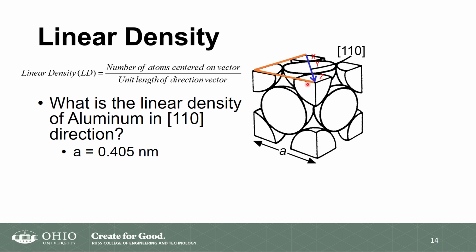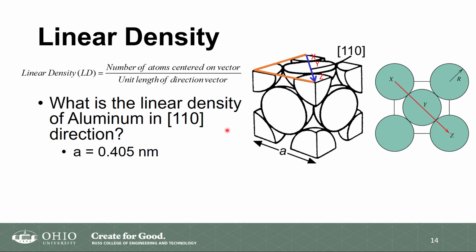This diagonal is related to this side, which is a, and this side, which is also a. If we look at this from the top, we end up with this projection where we have X, Y, and Z atoms, and then our two sides, a and a. This is the length of our direction vector.